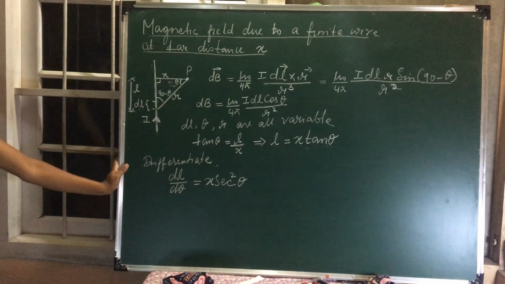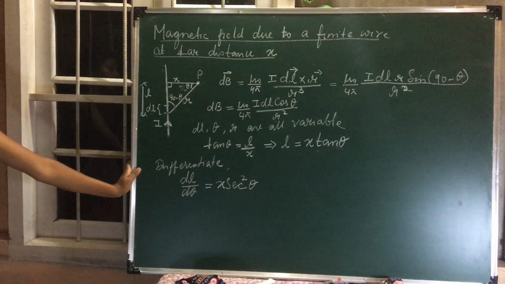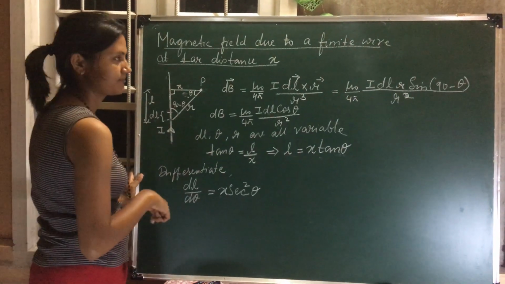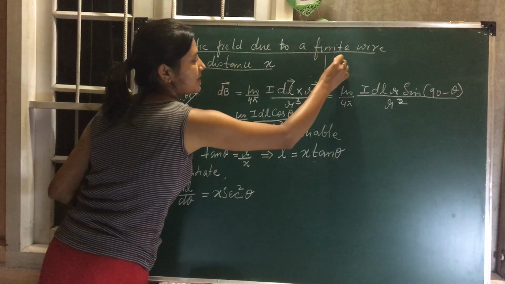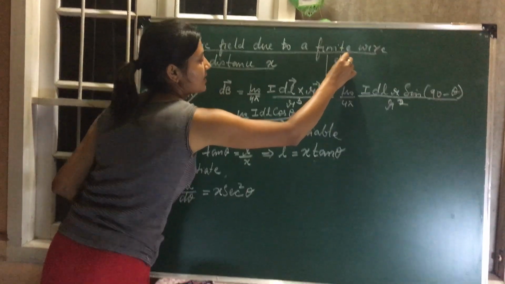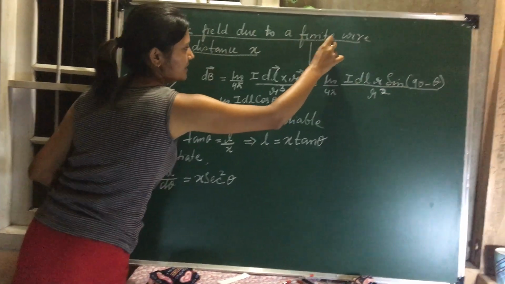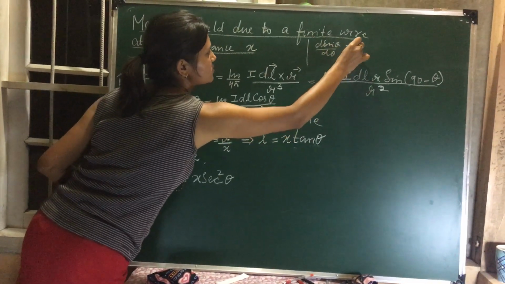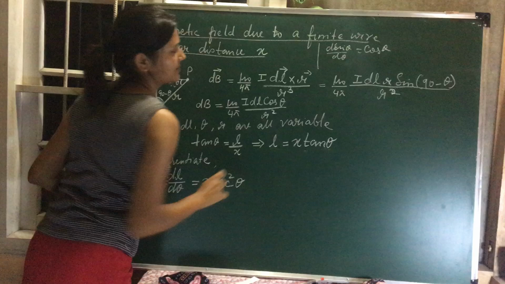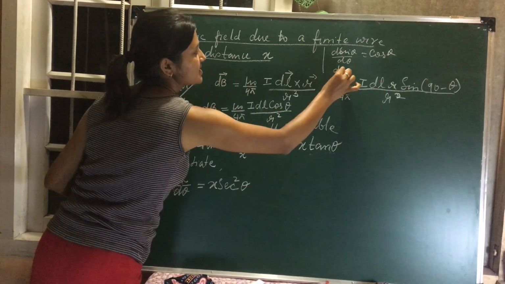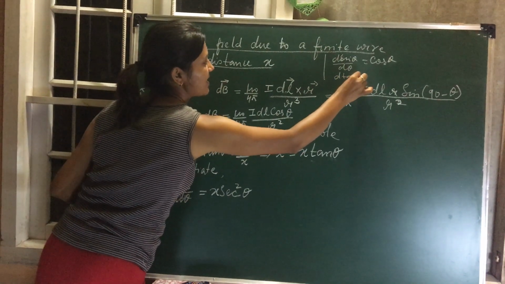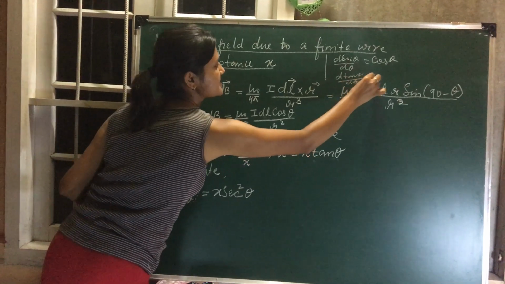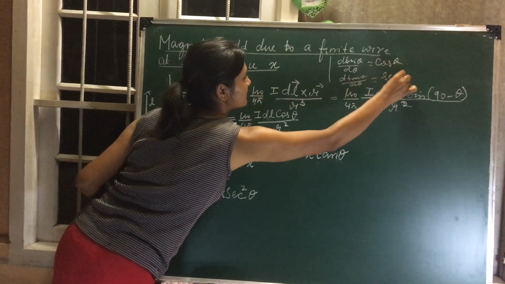Am I clear on this one? You have to learn from the mathematics. Differentiation of sine theta with respect to theta is equal to cos theta, right? Similarly, differentiation of tan theta with respect to theta is equal to sec square theta.